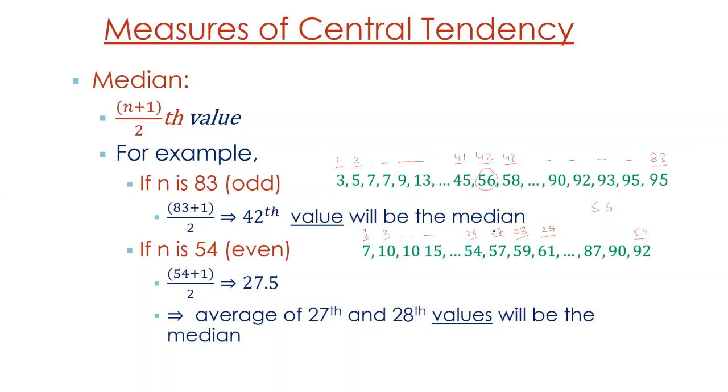All right. So since we figured out the median in this case has to be the average of 27th and 28th values, that's 57 and 59 from here. So we will say the median is 57 plus 59 divided by 2, which gives us 58 as the result. So the median in this case has to be 58, and in the first case it was 56.